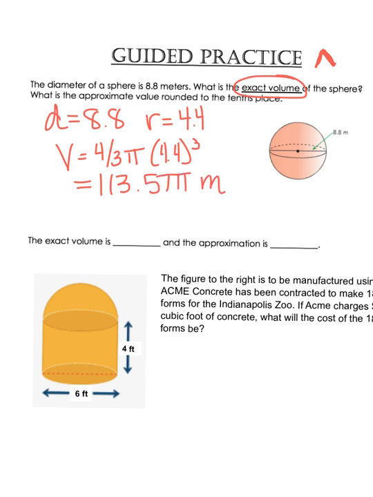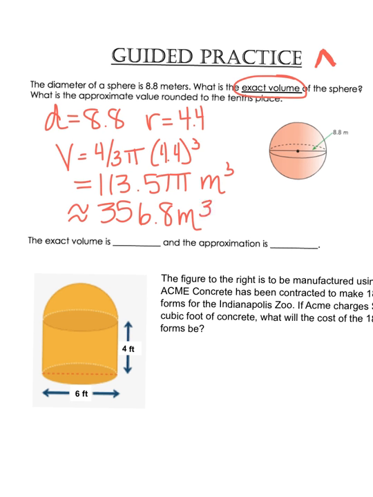And my units are meters cubed. The about answer is multiplying by pi. My about answer is 356.8 meters cubed.